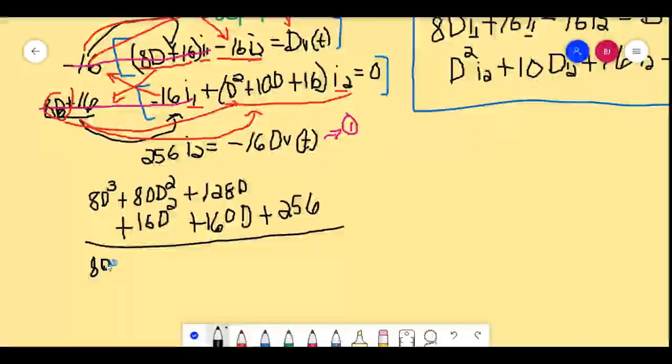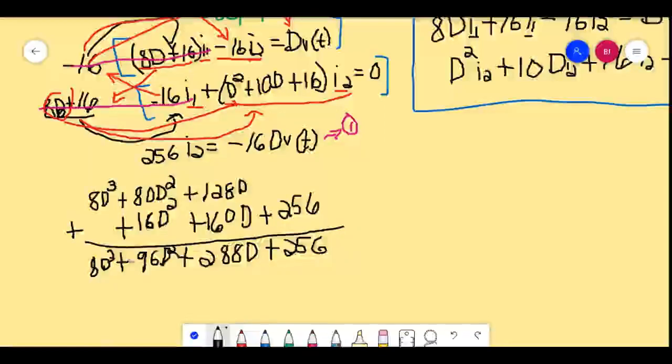So we will now have 8d cubed. We're adding, by the way, 80d squared plus 16d squared would be 96d squared. 128d plus 160d would be 288d. And then we have the 256 here.